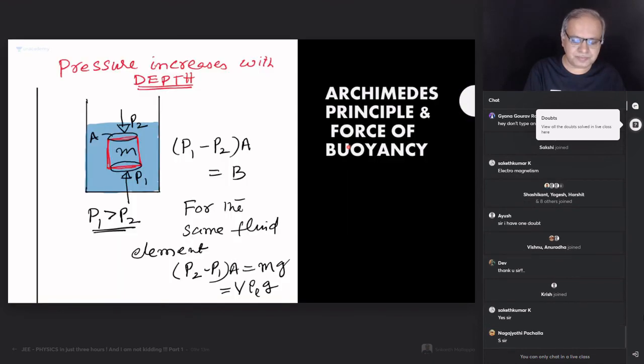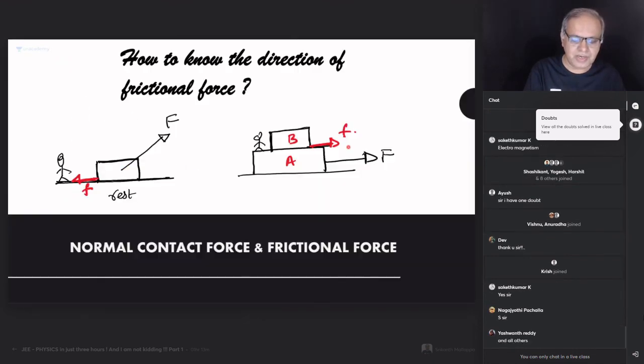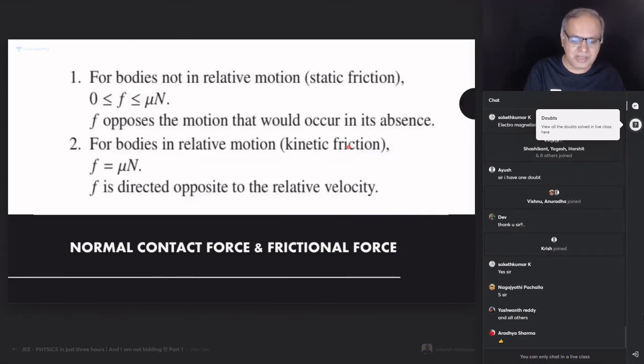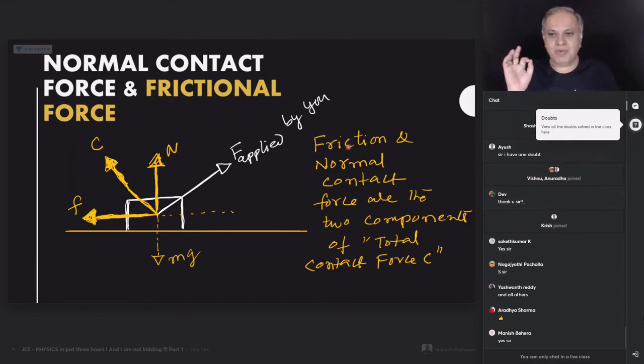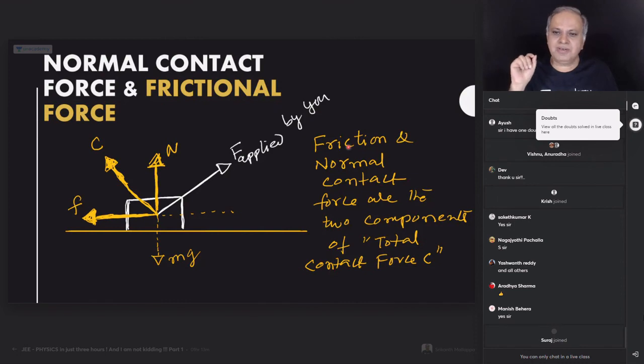Look at this. Each of these things I'll be dealing with slowly. And remember, this is a completely exam-oriented talk I'm doing. In what sense? Anytime you get a doubt, where will you run? You'll run to that basic.